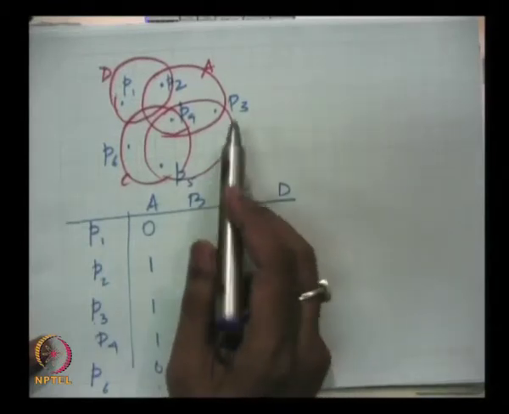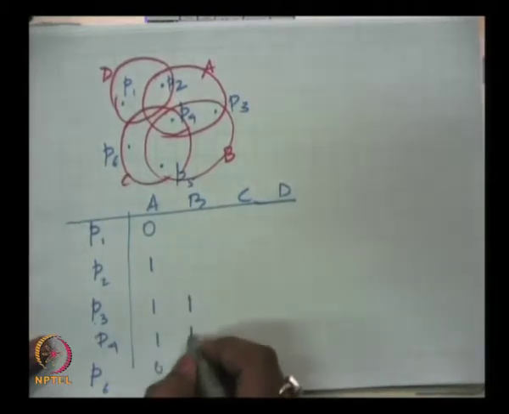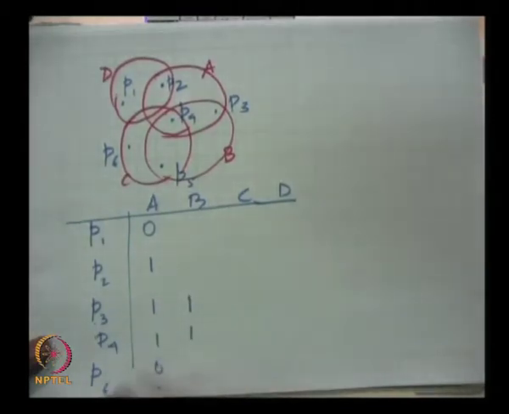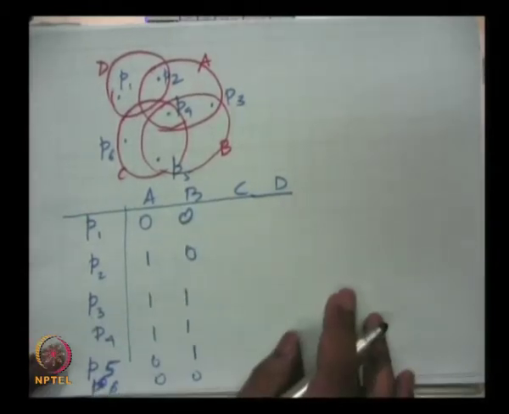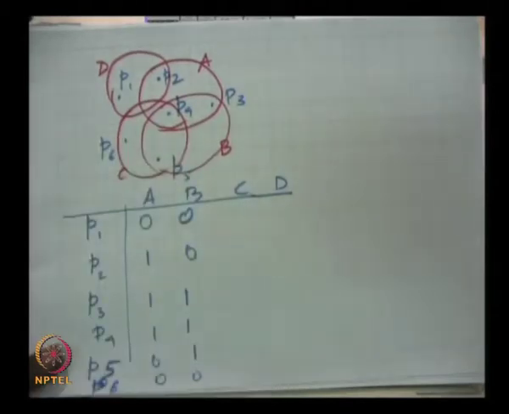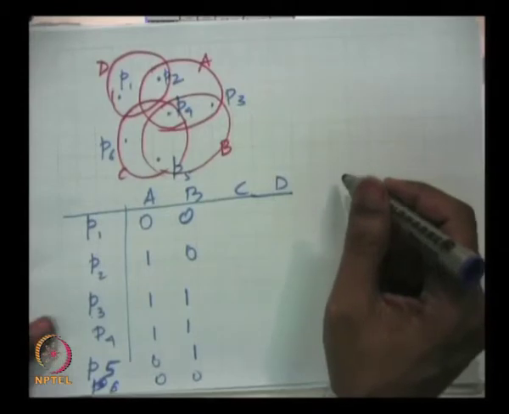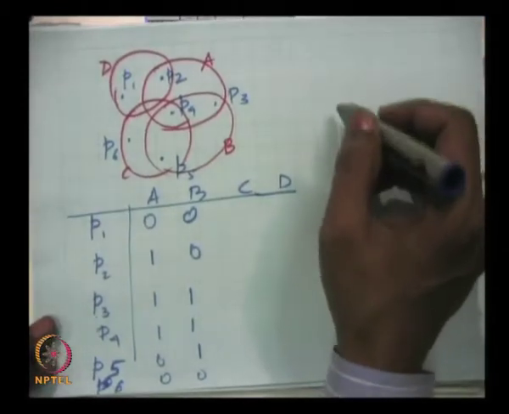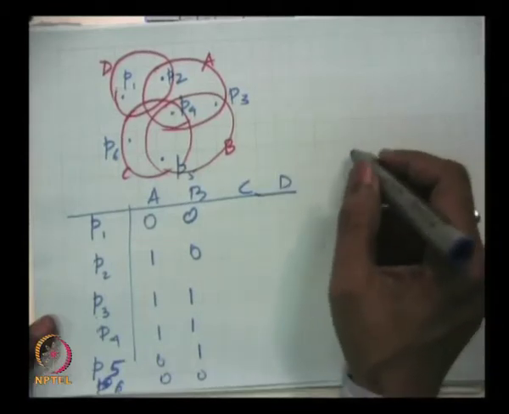So, B contains P3, P4 and P5, P6, and then 0, 0, 0. So, I can complete this matrix. Okay. So, that is basically my primal range space, and the dual range space is nothing but the transpose of this. Why? In the dual range space I interchange.